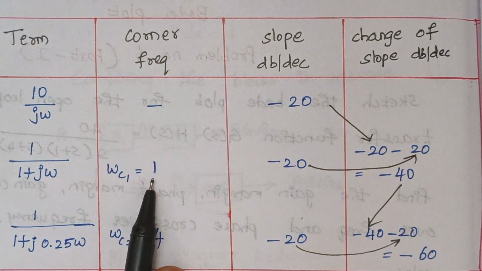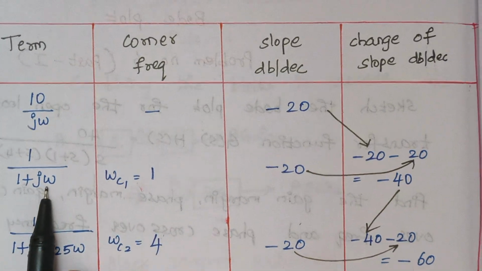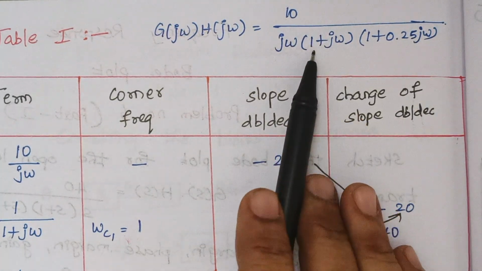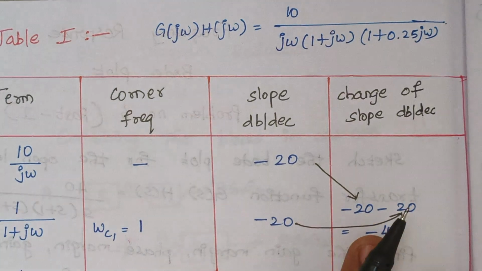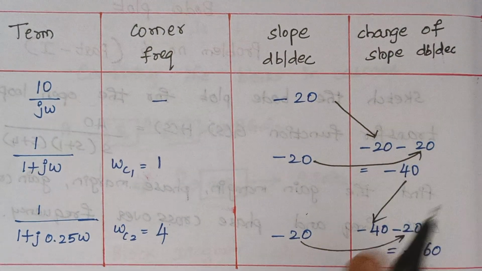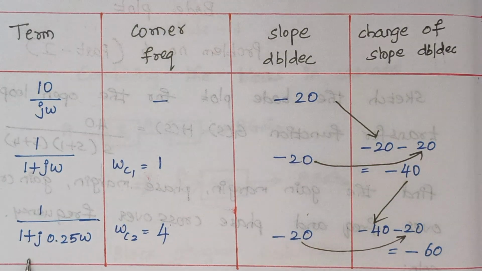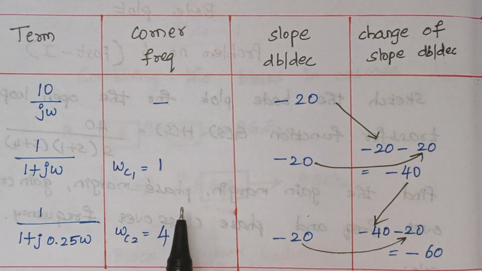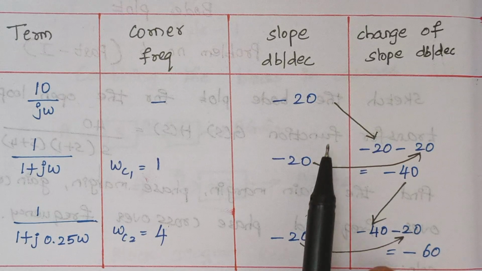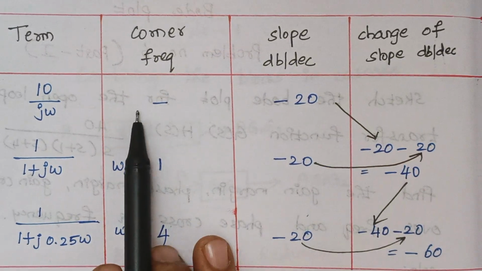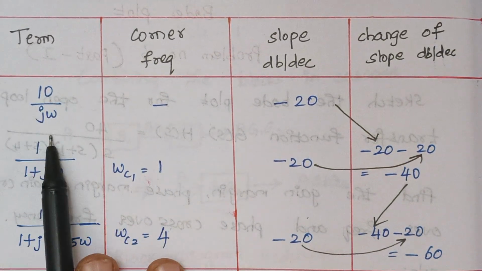Depending upon the value of corner frequencies we have to write the terms. The corner frequency 1 is given by this term, 1 divided by 1 plus j omega, so I have written here. And again the corner frequency of 4 is given by this term, 1 divided by 1 plus j 0.25 omega. Then moving to the slope column, you see here this omega is in the denominator.